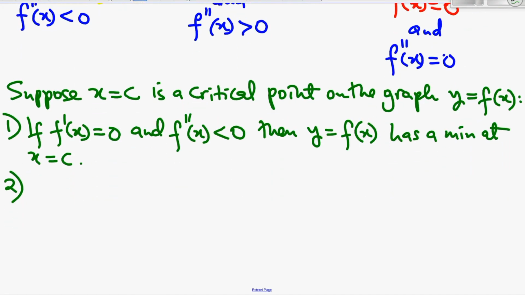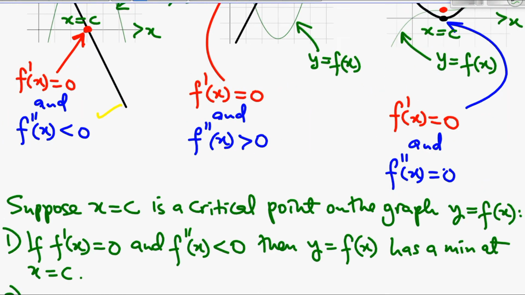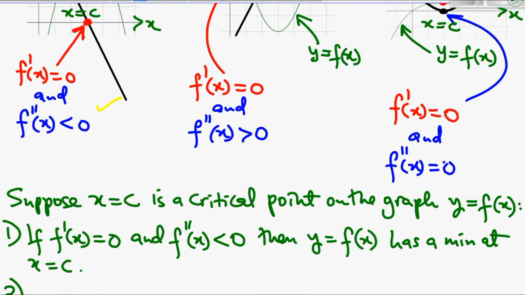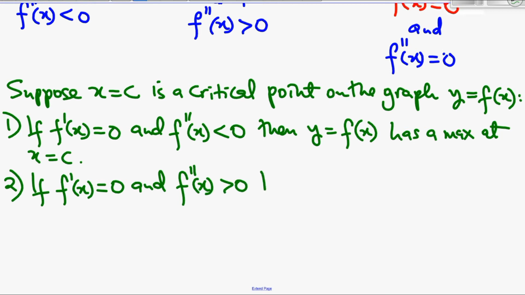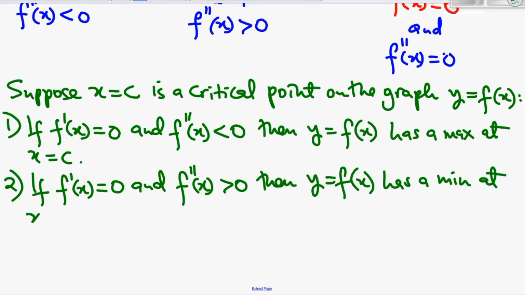Oh, by the way, here you're supposed to have a maximum point, not a minimum. We have a maximum point. So here, if f dash x is equal to 0 and the second derivative is greater than 0, then y is equal to f of x has a minimum at x is equal to c.